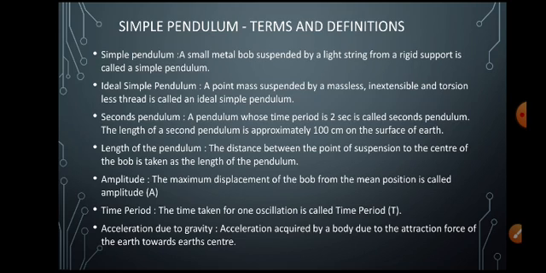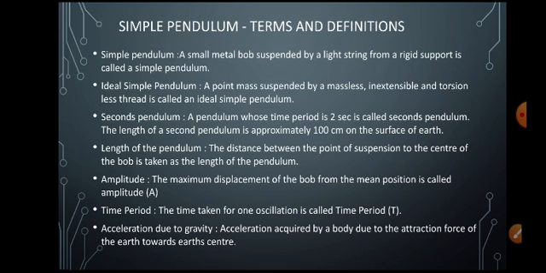So a small heavy mass suspended from a rigid support with an inextensible, lightweight thread is called a simple pendulum. But for an ideal simple pendulum, a point mass is suspended by a massless, inextensible and torsionless thread. This ideal is a concept only.